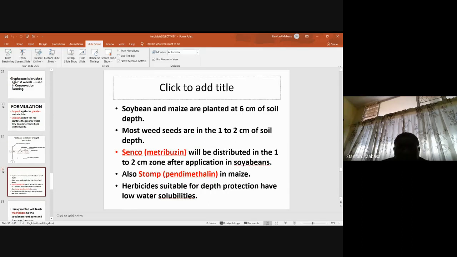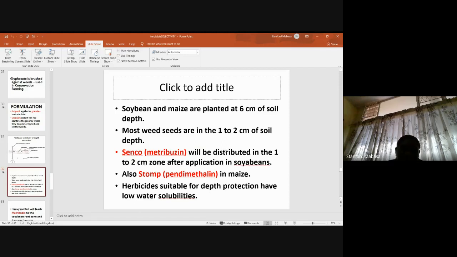So soybean and maize are planted at 6 centimeters of soil depth, and most weed seeds are in the 1 to 2 centimeters of soil depth. So Sencor or metribuzin will be distributed in the 1 to 2 centimeter zone after application in soybeans.